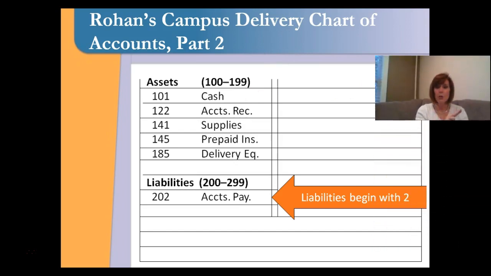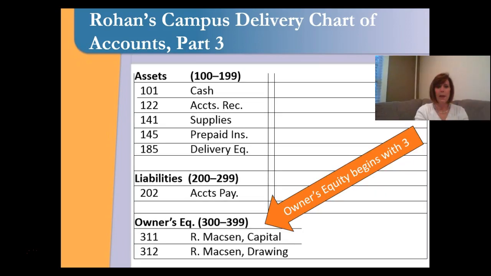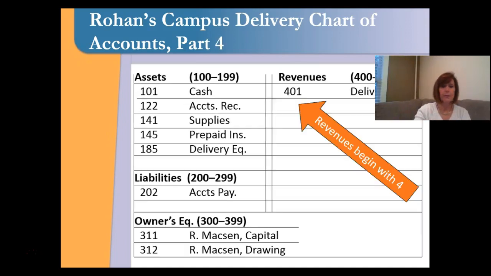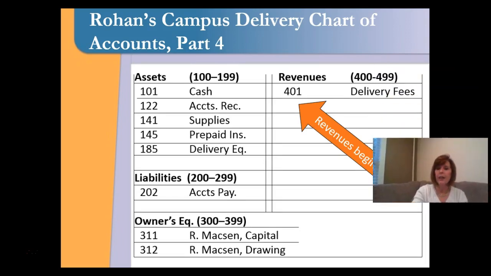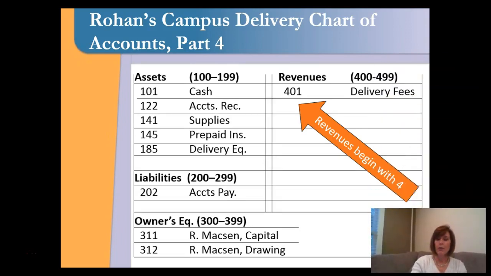Liabilities begin with a 2. And then we go to owner's equity, which starts with a 3. Revenues begin with 4. And so what's left?